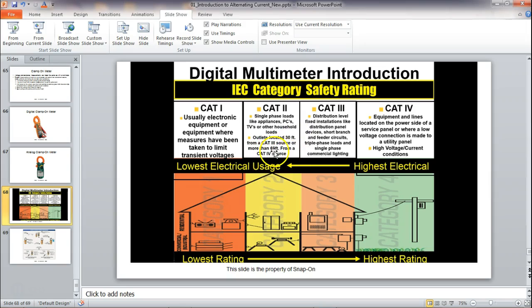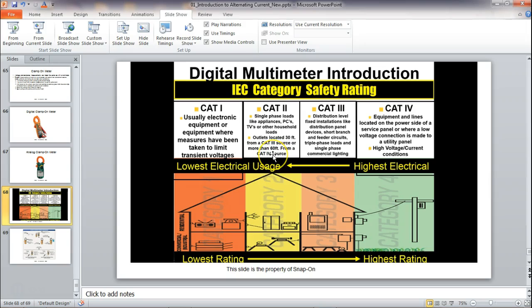So if I'm in a room by the down drop where my watt meter is, I cannot use a Cat 2 meter safely because we're real close to a Cat 3 source. And that means the internals of your house are not going to dissipate the heat.